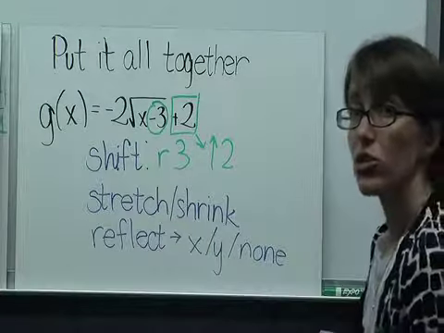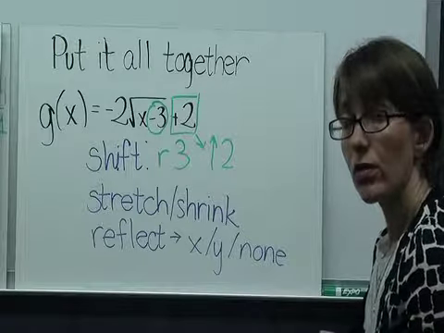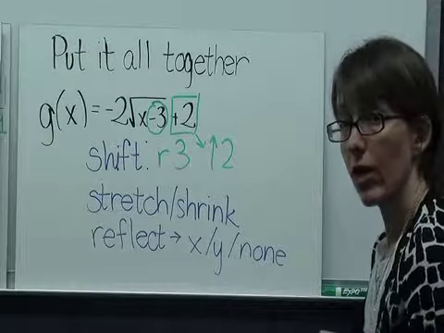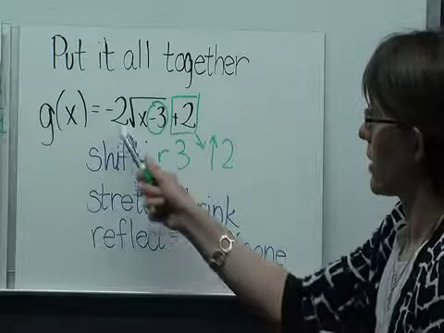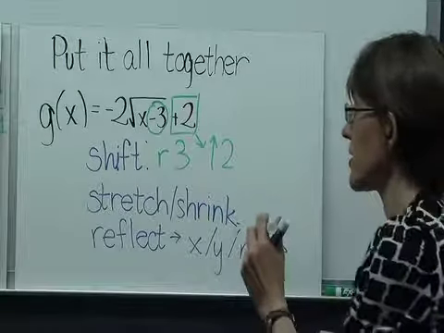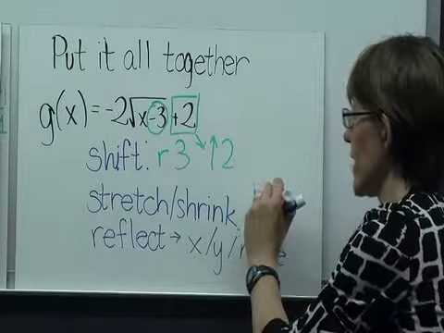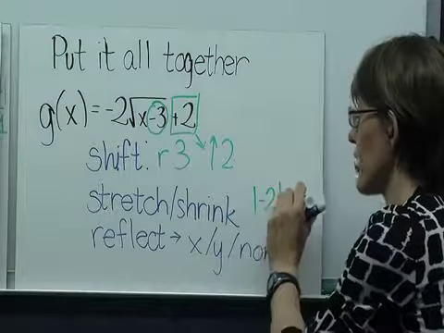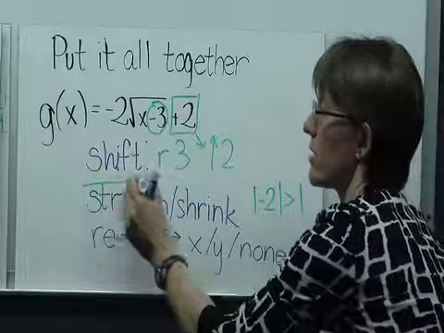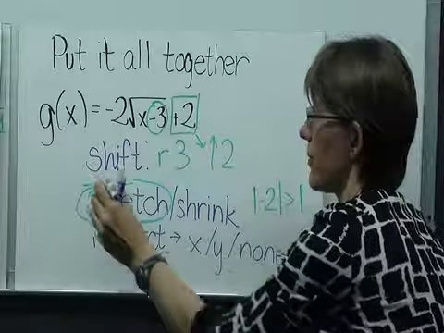Will this graph be stretched taller or will it be shrunk, shorter? Well, I look at my coefficient, that negative 2. The absolute value of negative 2 is in fact greater than 1. So this is going to be stretched taller.